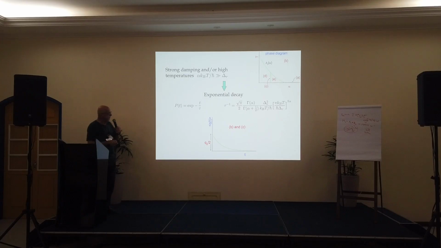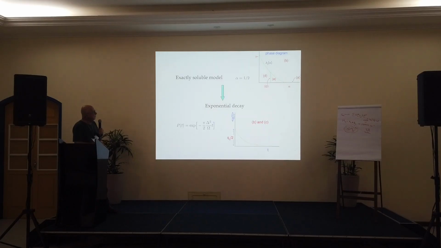That's not very interesting for us. Now, what about the region of B and C? Again, this is exponential, and so we destroy completely the coherence between one well and the other.